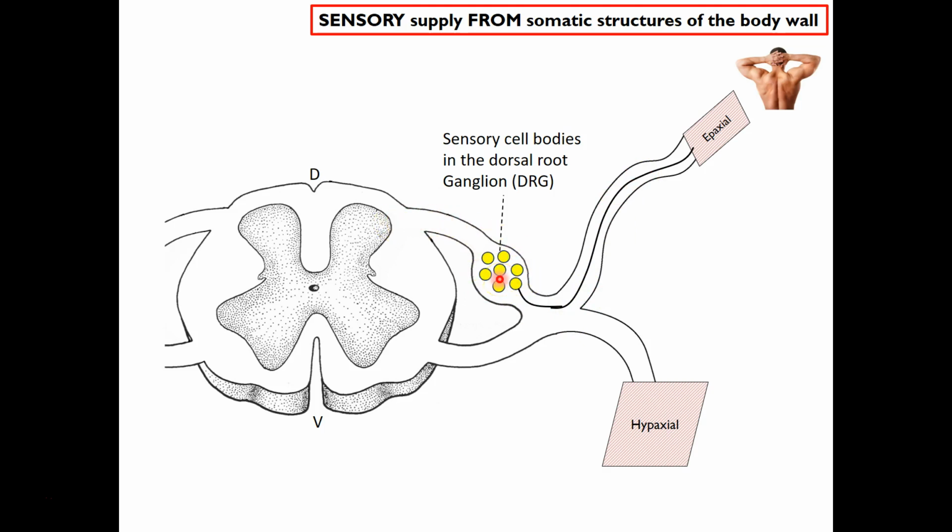Sensory cell bodies are located within this ganglion, this lump called the dorsal root ganglion. And that makes sense. It's a ganglion or a collection of cell bodies located right along the dorsal root. And then we have our central axon, which comes into not the ventral horn, as the motor axons came out from, but the dorsal horn.